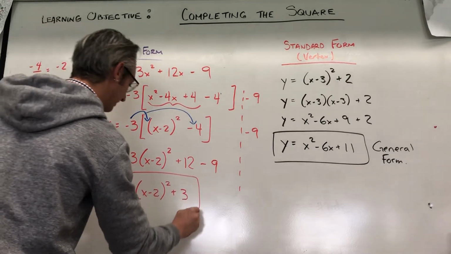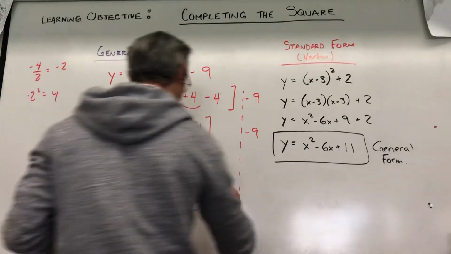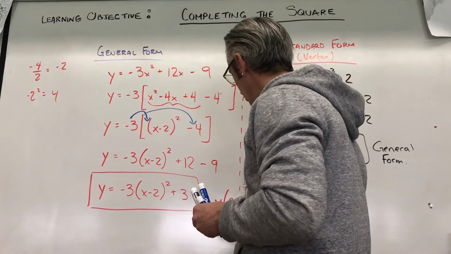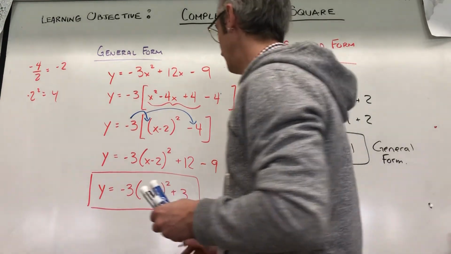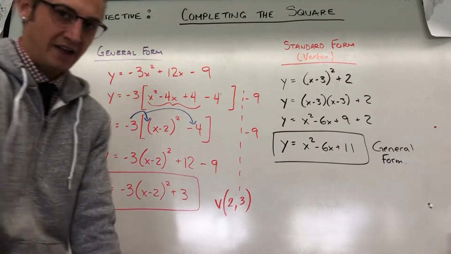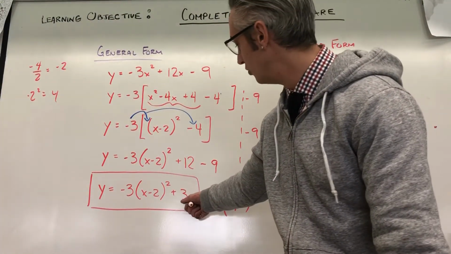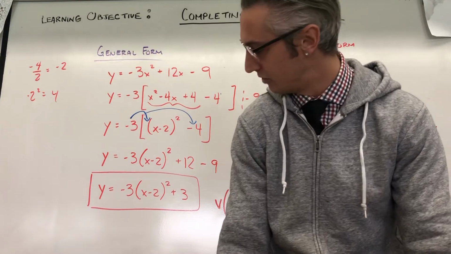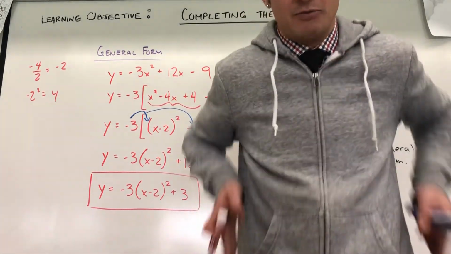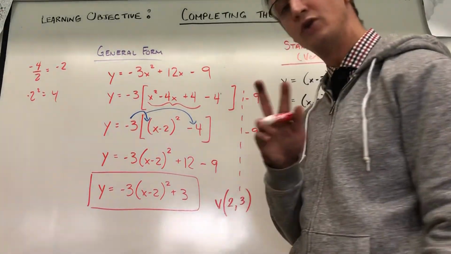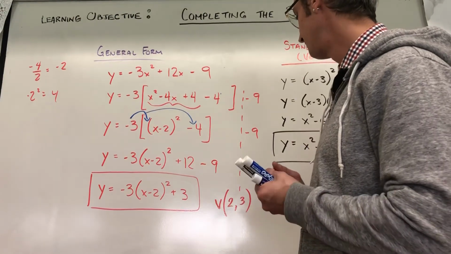And what does this formula tell me? Well, it tells me that my vertex is at 2, 3. And so I'm negative 3, so I'm compressed and I'm facing down. And since my q, my max, is at positive 3, I am above the x-axis, so I'm going to hit it twice on my way down. So I have 2 x-intercepts in this case.